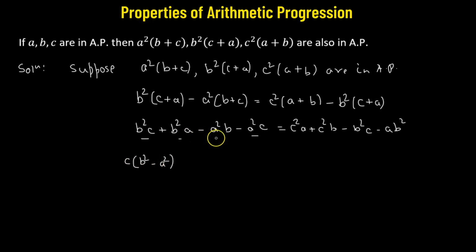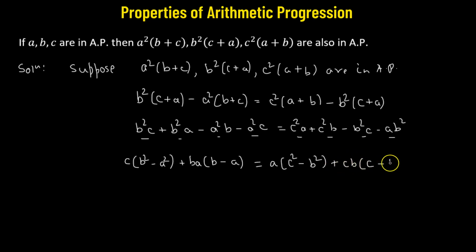And from the second term and the third term, if we take b times a as the common factor, this will get multiplied to b minus a, which will be equal to, now we will take a as the common factor and combine the first term and the fourth term. So we'll have a multiplied to c squared minus b squared. And from combining the second term and the third term by taking cb as the common factor, we have c minus b.